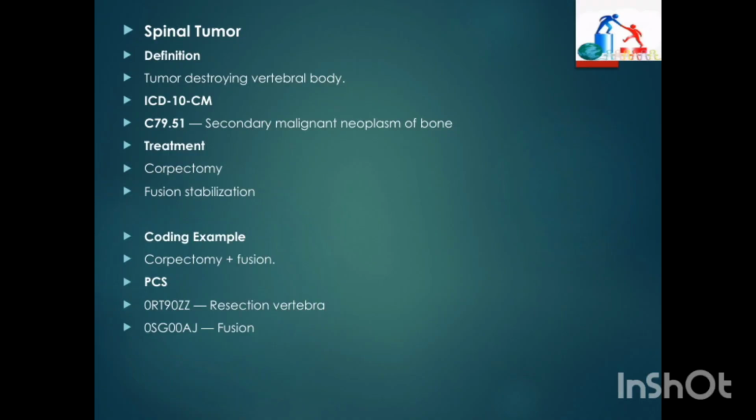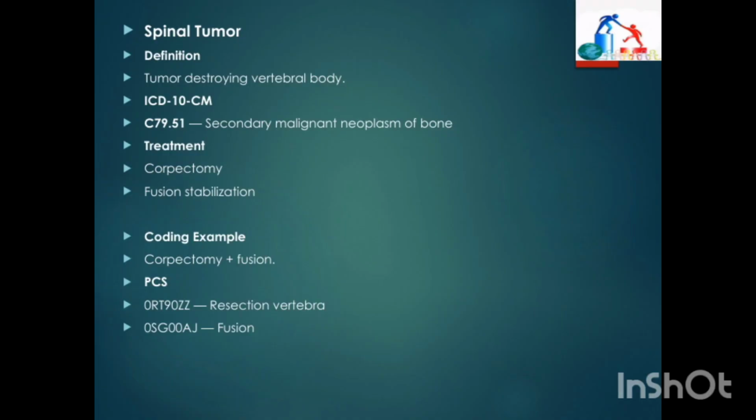To restore stability after removal, fusion stabilization is performed, which means fusing the adjacent vertebrae to support the spine. When coding for these procedures, we combine the corpectomy with the fusion. In the procedure coding system, or PCS, this is represented by specific codes: 0RT90ZZ, which indicates a resection of the vertebra, and 0SG00AJ, which is used for the fusion process.